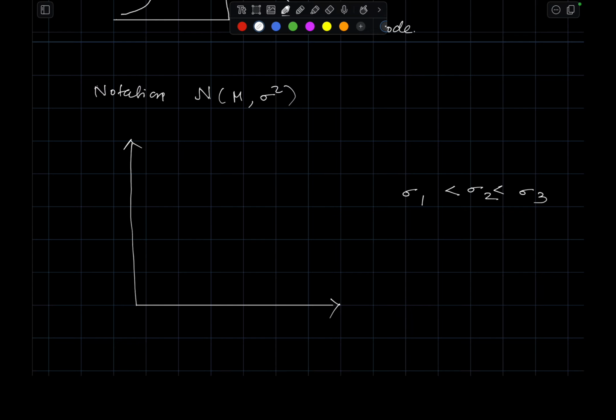So if we plot that, sigma 1, let's say it's something like this. So this is the mu value. And how will sigma 2 look? Sigma 2 is greater than sigma 1, right? So the spread will be a little bit more.